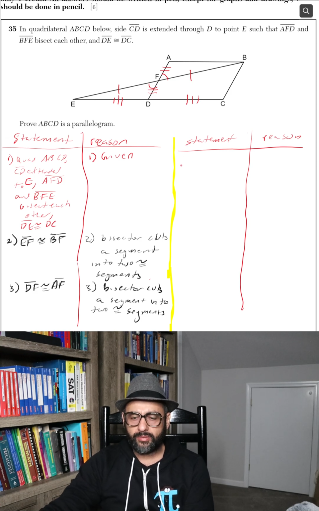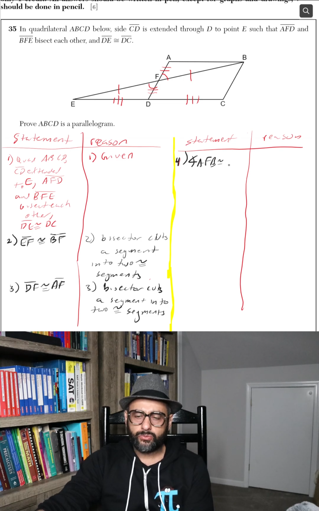So this is statement 4. Now I go back to my black. 4. That angle AFB is congruent to angle DFE because vertical angles are congruent.